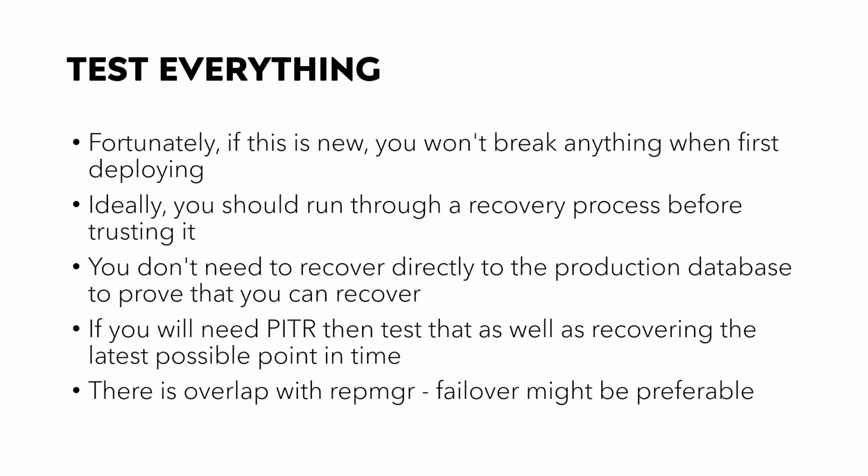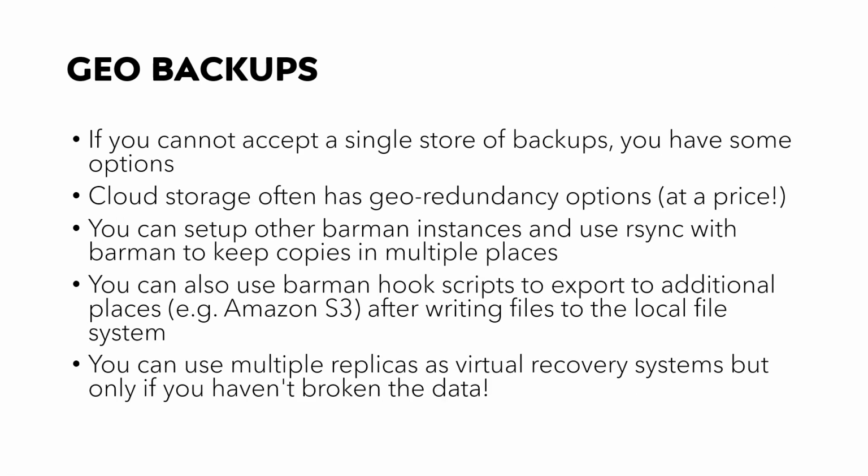I'll show you the backup in a second, but I'll just finish my last slide really. I'm not going to go into any detail. I'm not going to show how it's set up, but you can have multiple stores of backups if you want to basically make Barman geo-tolerant. You can create other Barman instances. You can have everything pulled to one and then send all of that to another Barman.